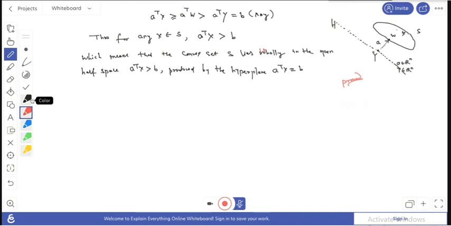Okay, so the next theorem is the supporting hyperplane theorem. So first of all, what is a supporting hyperplane?